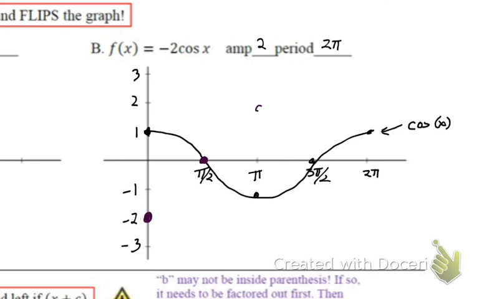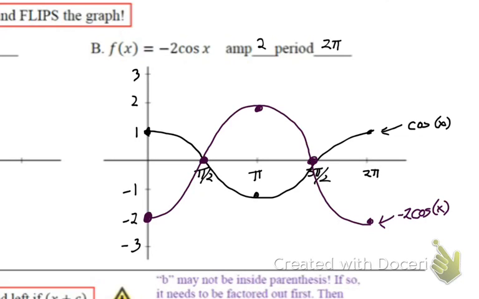This is going to be flipped, so it's going to go to a positive 2. Zeros stay the same, and I come back down to a negative 2. And that right there is my negative 2 cosine of x.